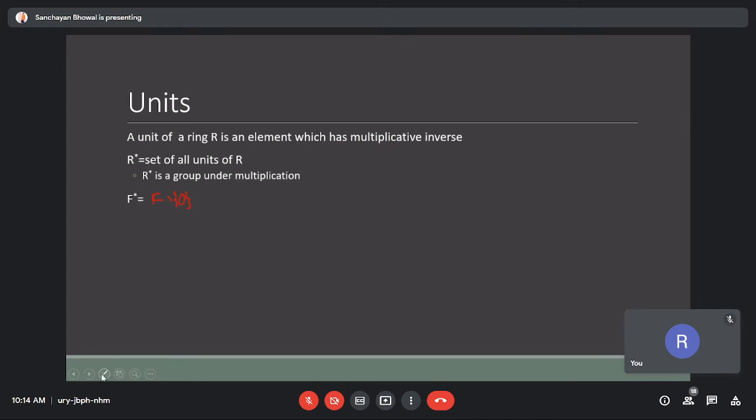Okay. Now let's take another example, that is the units of the matrix ring over F. What are the matrices that have multiplicative inverses?